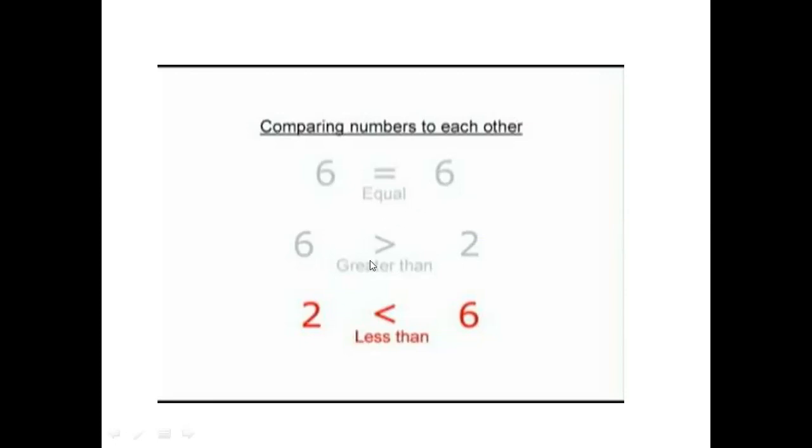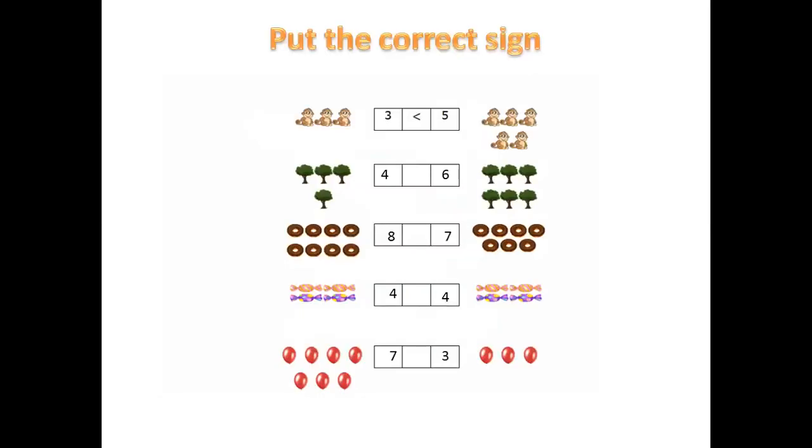Here 6 is greater than 2. And here 2 is less than 6. Okay kids, this is how we compare numbers to each other. We are trying to see which number is big, which number is small, right?